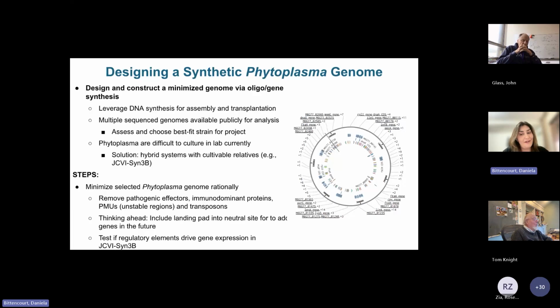However, one of our major challenges is that phytoplasmas are difficult to culture in vitro. So we may use a hybrid system, and combine parts of the phytoplasma genome with the JCVI-SYN3B genome in order to overcome this problem if it actually comes to be an issue for us.